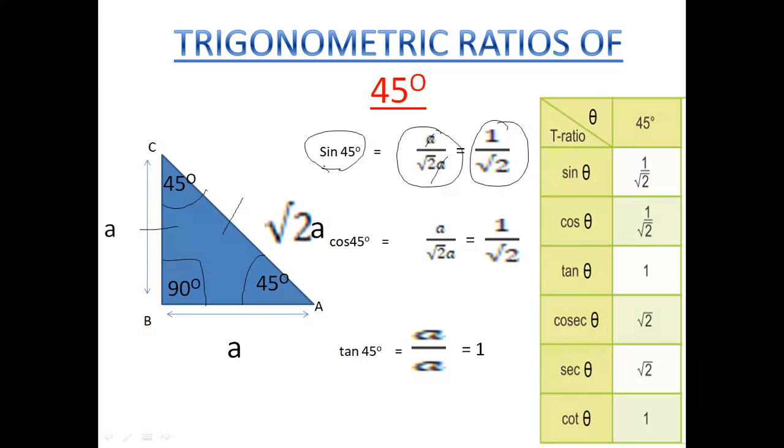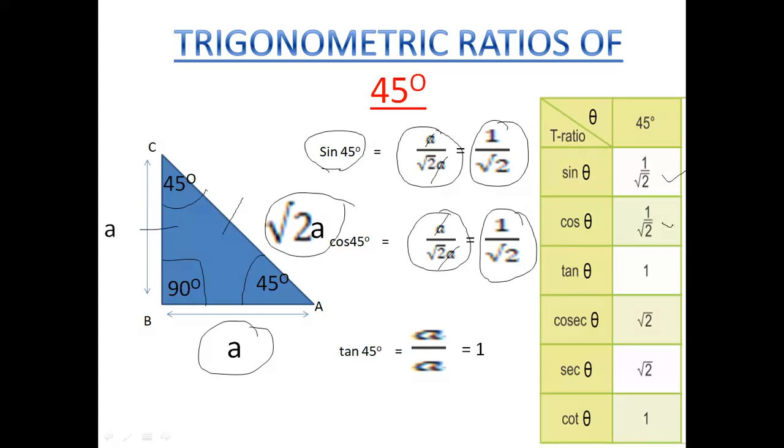Therefore, sine 45 degrees value is 1 by root 2. Now cos 45 degrees is adjacent side by hypotenuse, that means A by root 2 A. Here also A gets cancelled and we get 1 by root 2. Therefore, cos 45 degrees value is 1 by root 2.